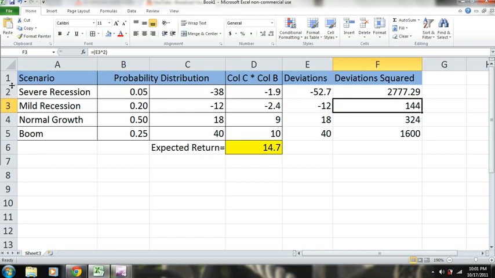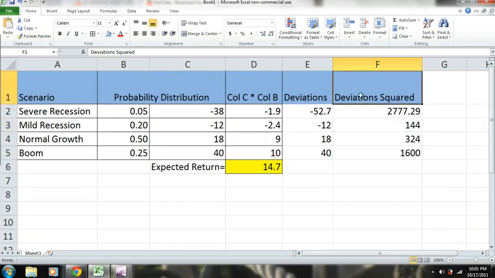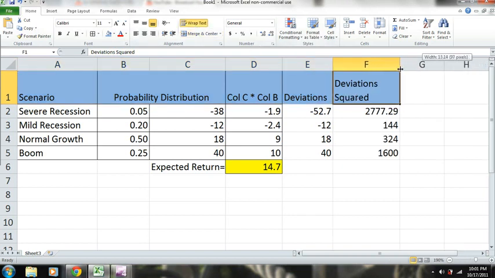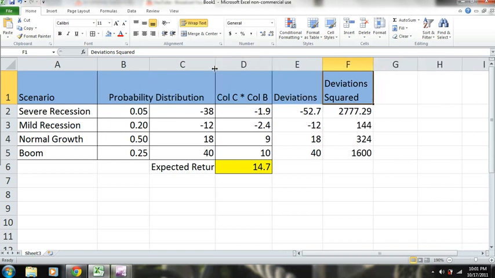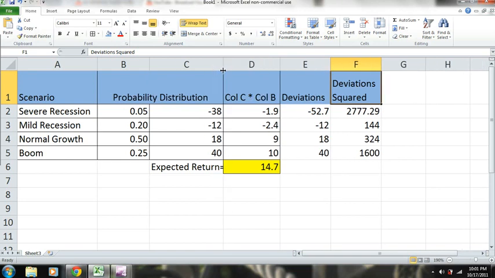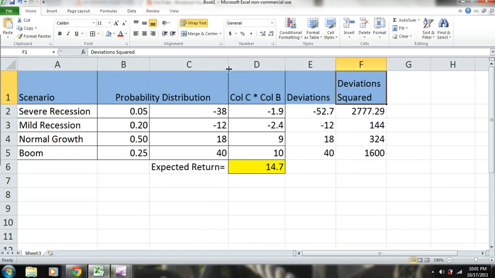To save room, because I want to keep this blown up for you, I'm trying to keep this where it's better for your eyes. Okay, so we have our deviation squared.